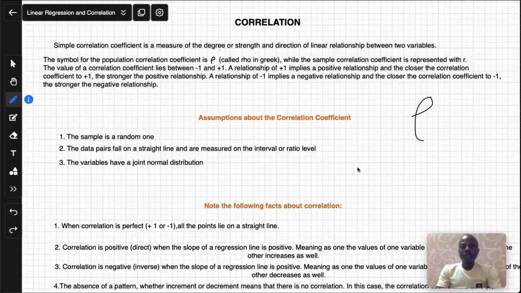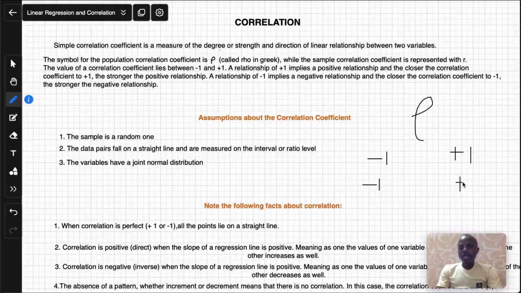Now, a correlation coefficient of -1 means that there is a perfectly negative relationship, whereas a correlation coefficient of +1 means that there is a perfect positive relationship. But the closer it is to -1, the stronger the relationship negatively.